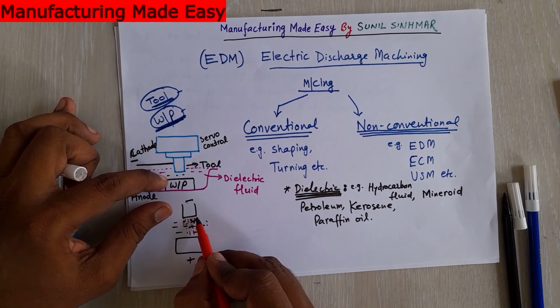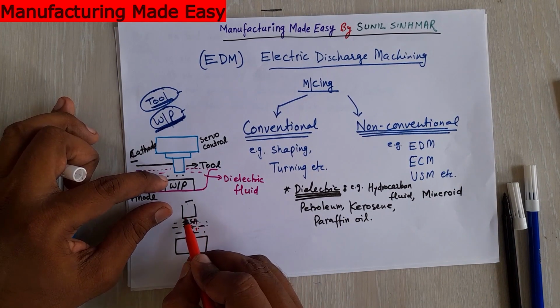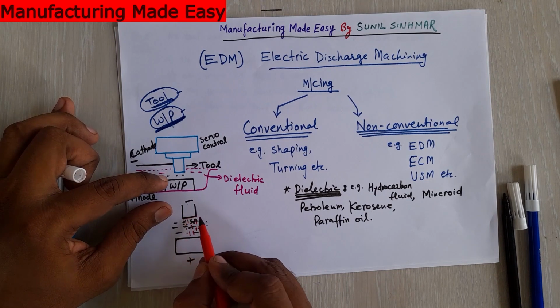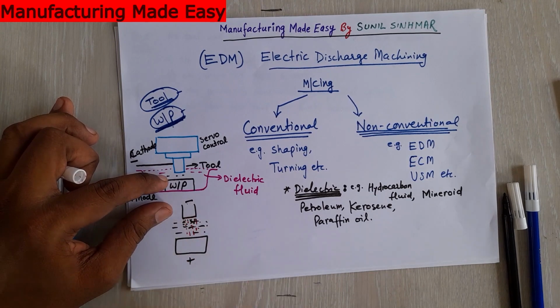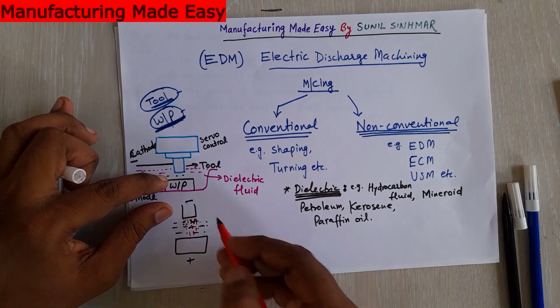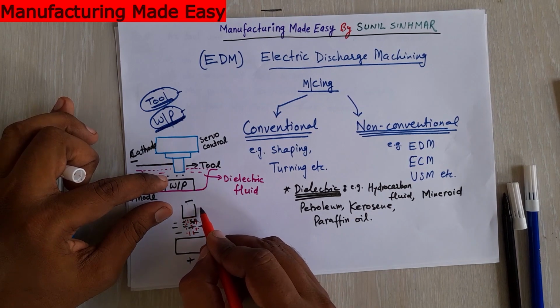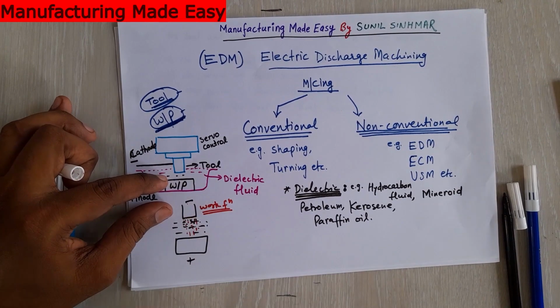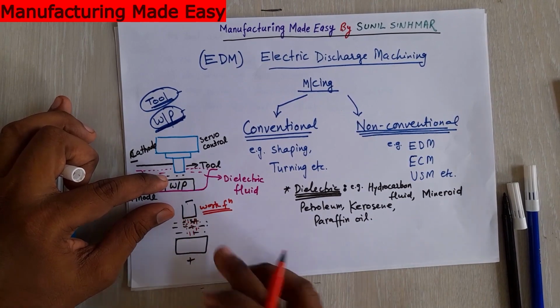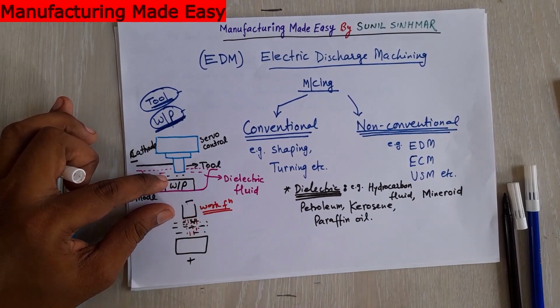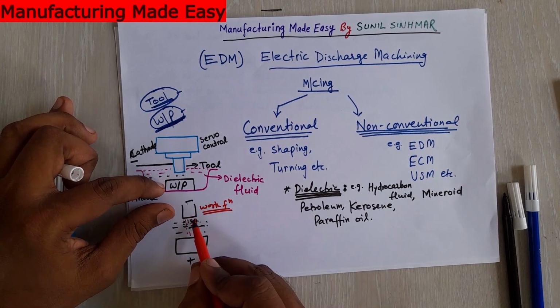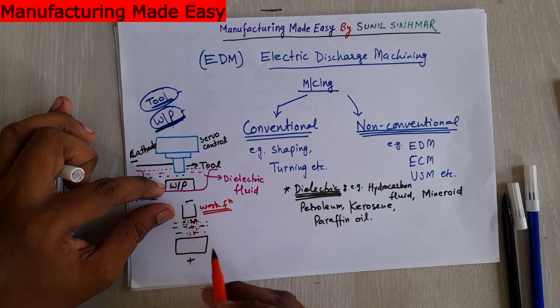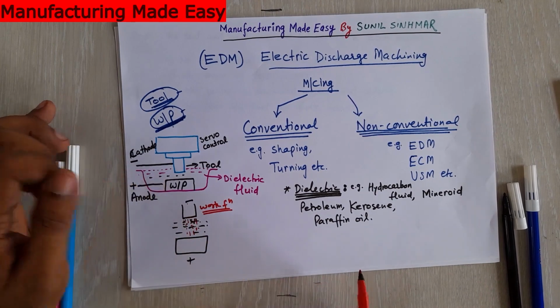So now, as we know, if this tool reaches an energy level up to its work function, at that energy level it will start to release electrons from its surface. The tool will start to release electrons from its surface, and this is called cold emission by the electrode.